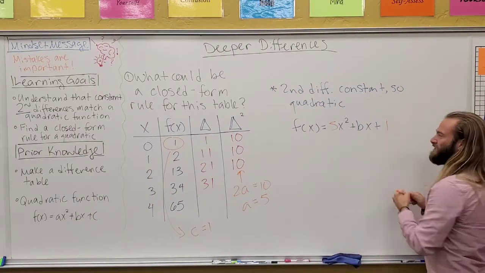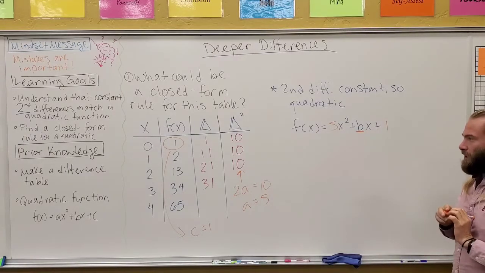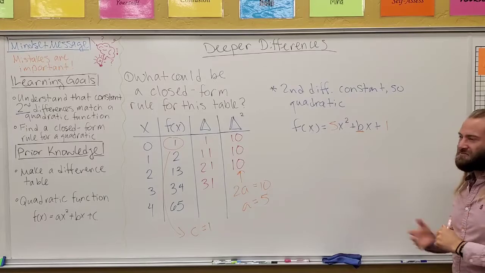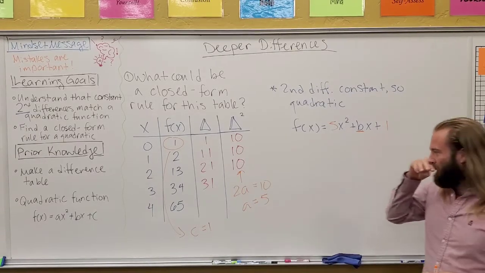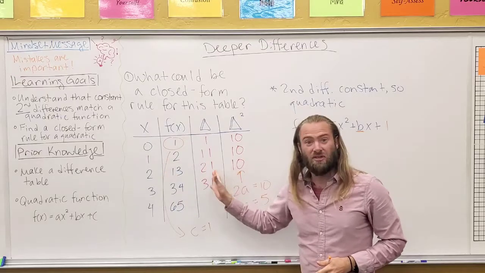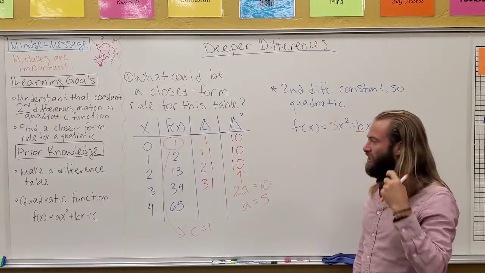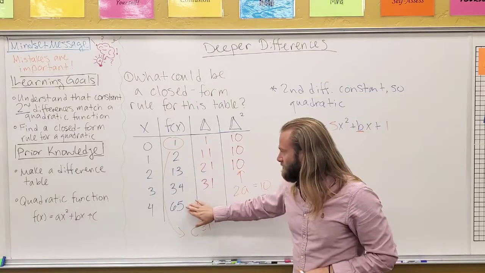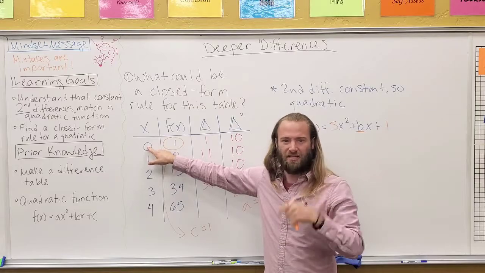The only thing missing here is I still haven't figured out that b value. The thing about b that's a little annoying, I guess you could say, is that it's not directly findable by just one single number in this table. But I think the easiest way to figure it out is just choose any of the coordinate pairs, except this first one, because when you plug x as 0, it makes all the x's go away.